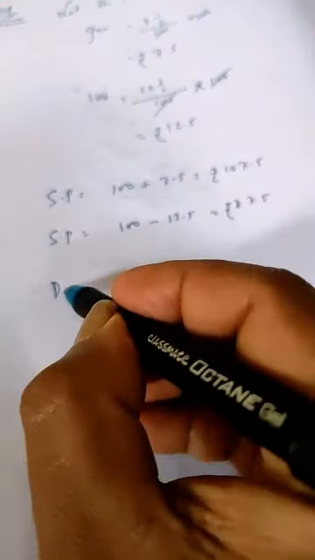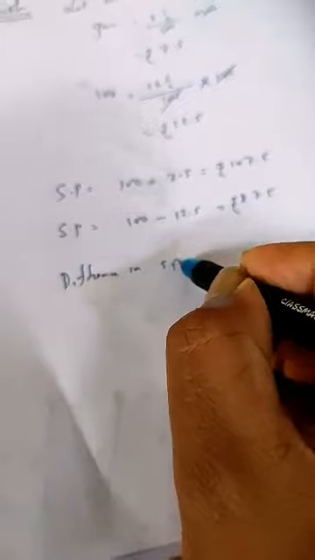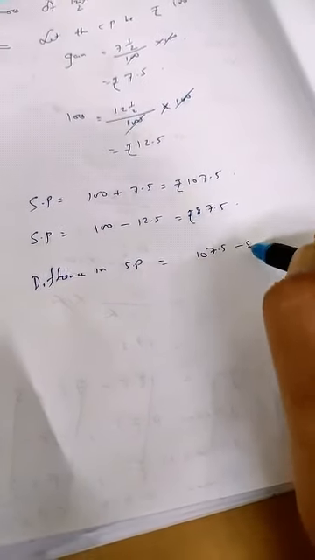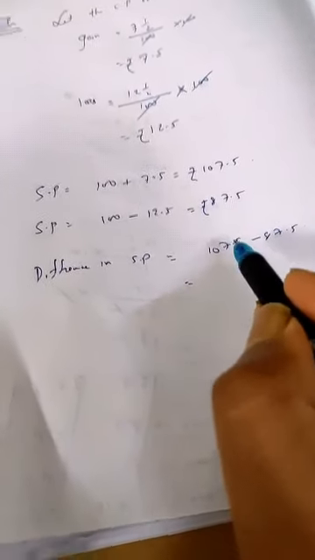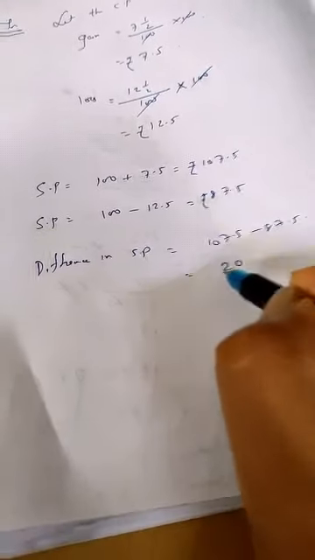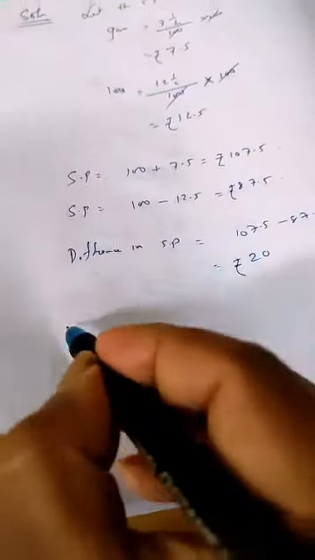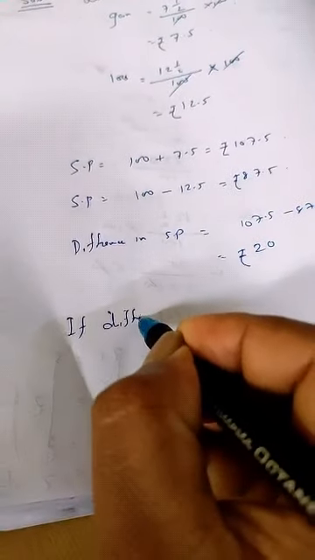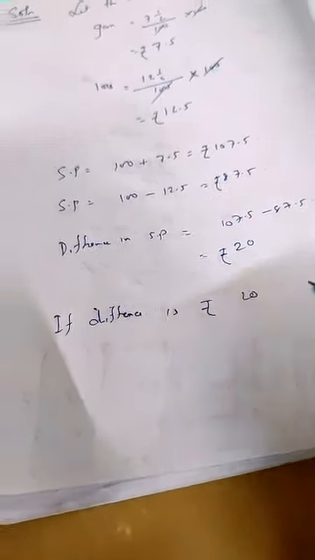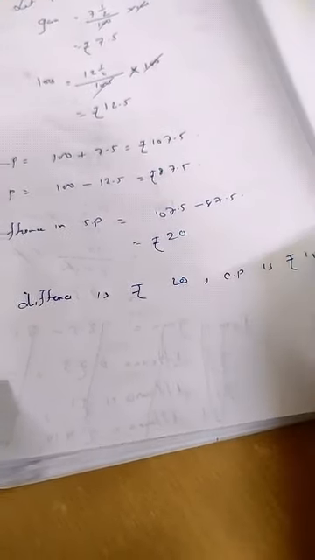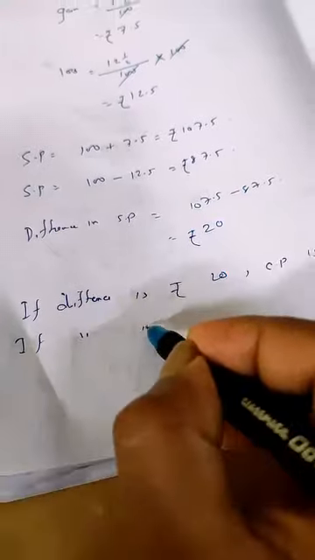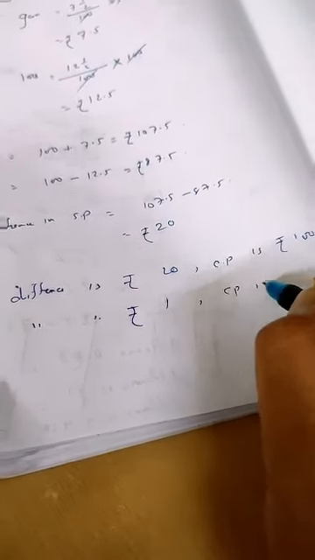Okay. Difference in selling price equals what? 107.5 minus 87.5, so 20. So if the difference is rupees 20, your cost price is rupees 100. If the difference is rupee 1, cost price is rupees 100 by 20.